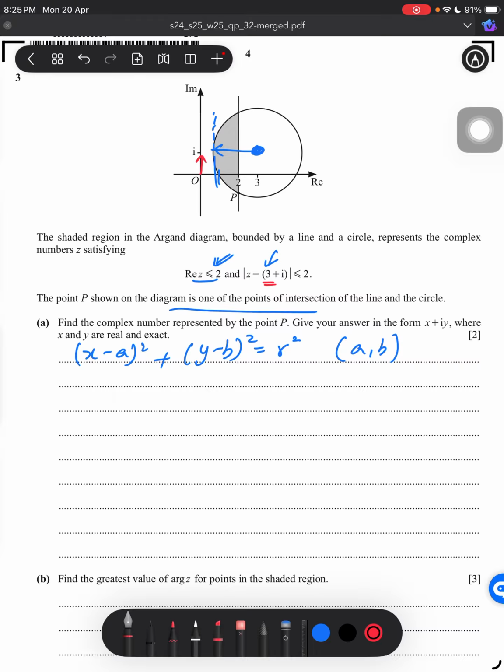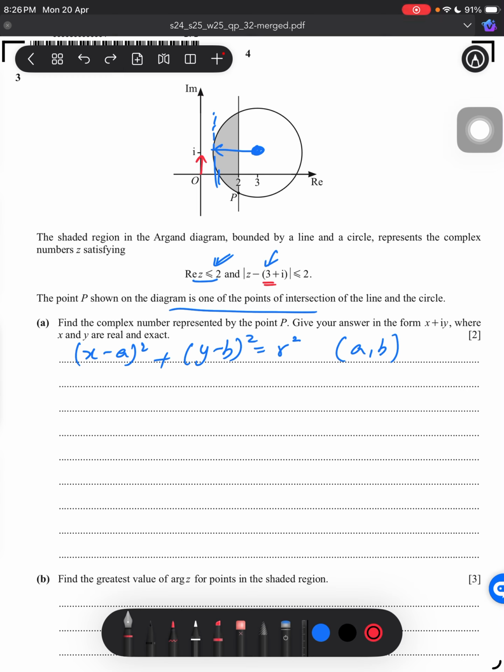There is another point of consideration: over here it's not equal to 4, but it should be, since 2 squared gives you 4. So let's start the question.